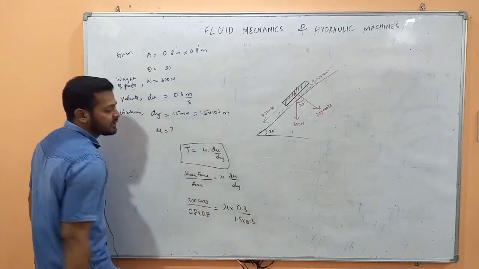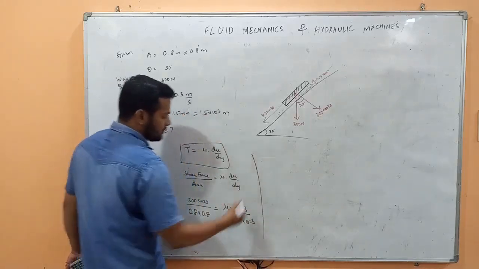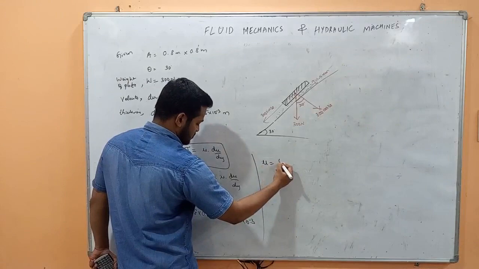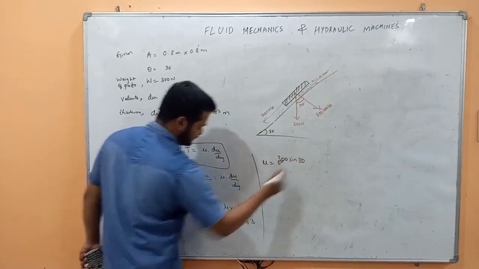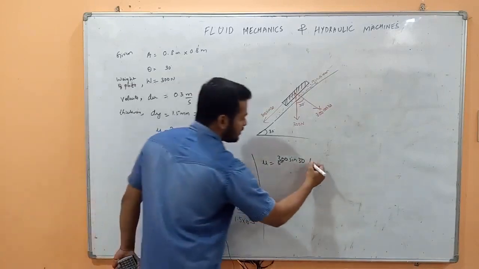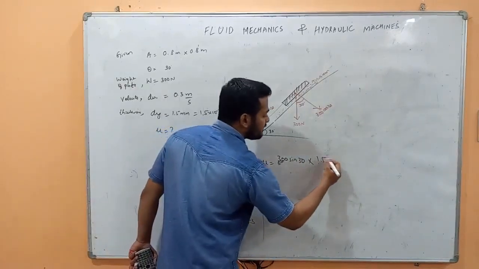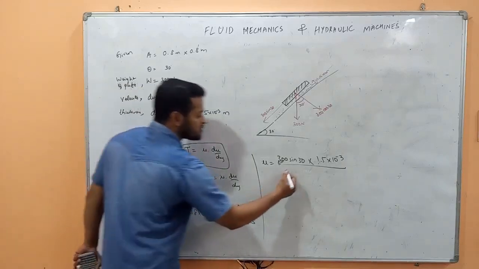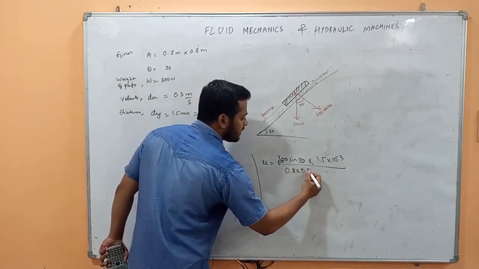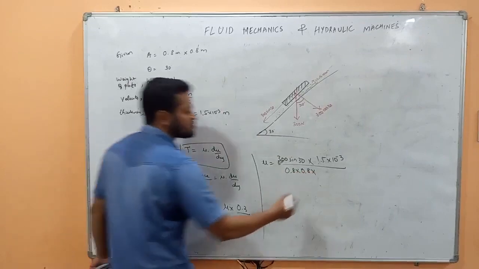So from this we can calculate the value of mu. So mu will be 300 sin 30, just cross multiply, into 1.5 into 10 power minus 3 divided by 0.8 into 0.8 into 0.3.